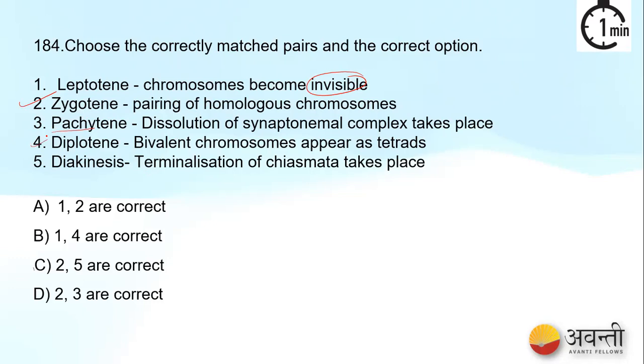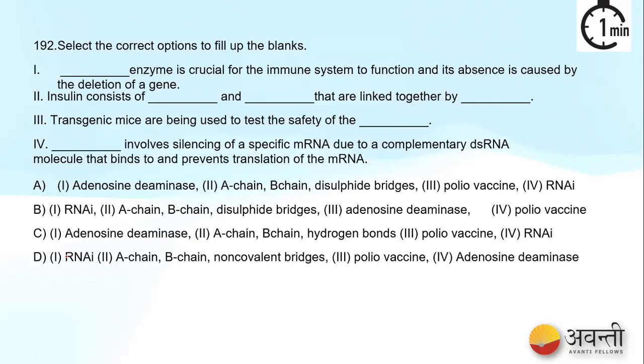So this is where the dissolution happens. So that is why this option is also wrong. And coming to diakinesis, terminalization of chiasmata takes place. So this is absolutely right. The chiasmata terminate and the homologous chromosomes are completely free and they have finished their job. So that is why options 2 and 5 are correct. So option C for 184 is correct.